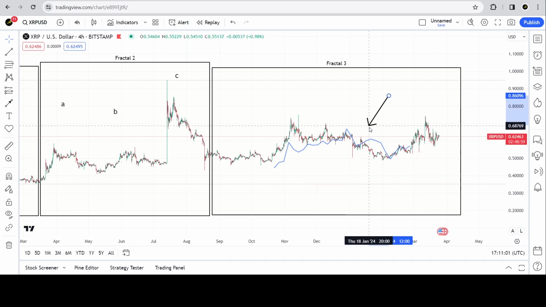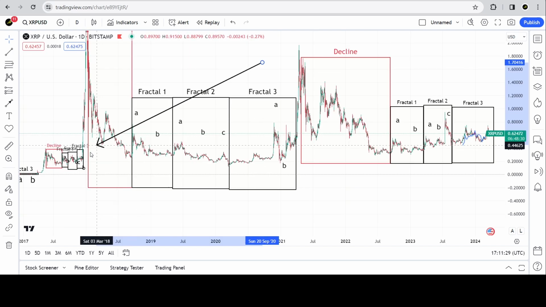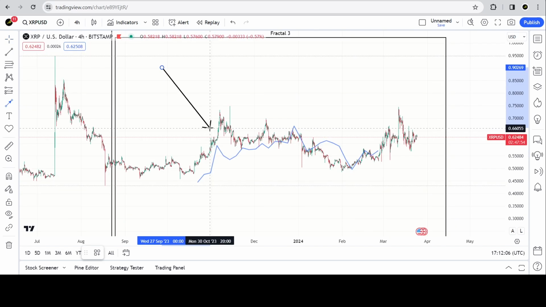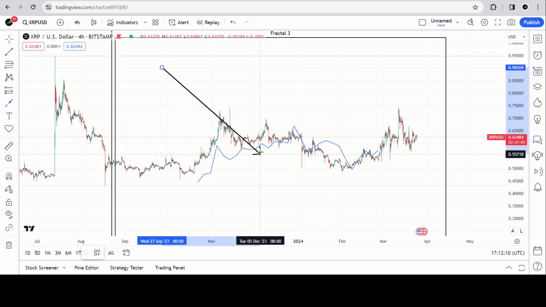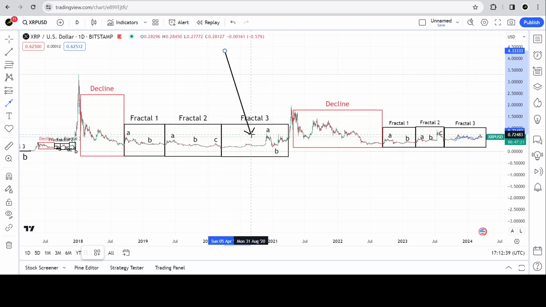Now, here is that 2017 third fractal that I spoke about. That is this one over here. Here is a zoomed in picture of it. As you can see, it does have some resemblance. Now, for a while, this was a competitor to the most recent fractal 3, this one over here.